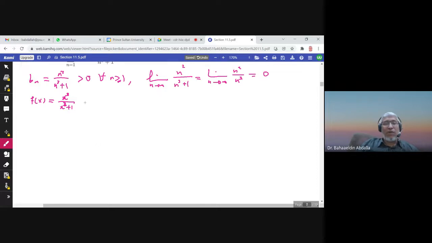So this is f of x. Let us find f prime of x using the quotient rule. Derivative of the numerator is 2x. Derivative of the denominator is 3x squared, times x squared, over the denominator to the power 4.